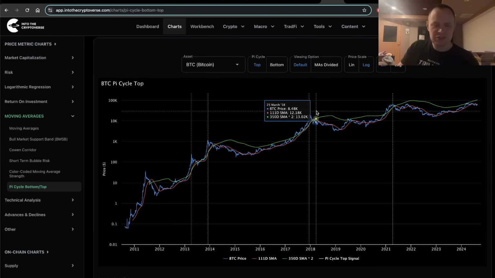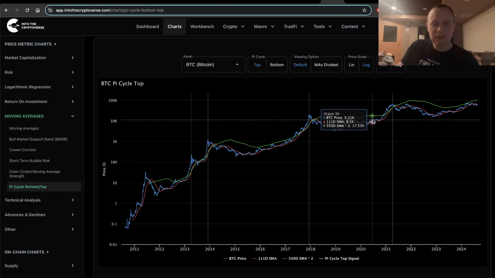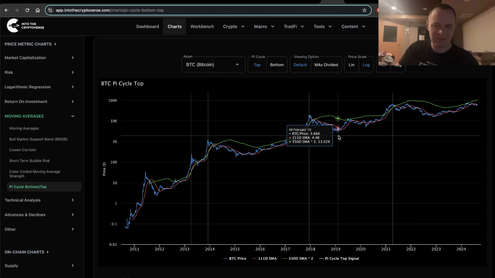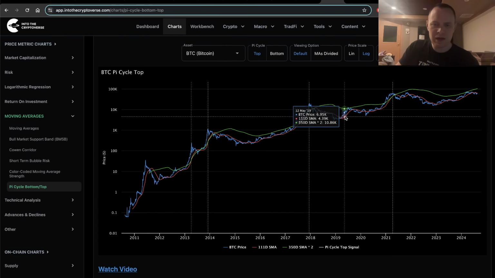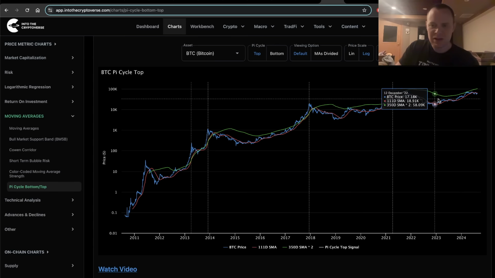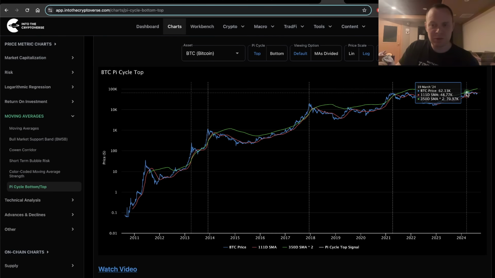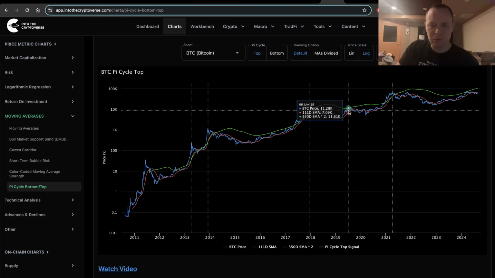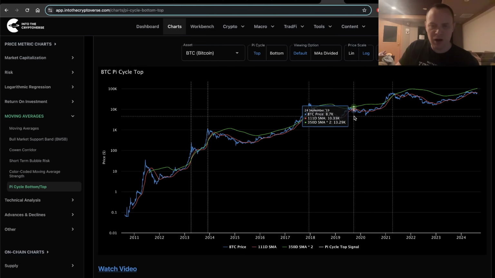So, to start off, in 2019, there was a period going into rate cuts where Bitcoin kind of got ahead of itself, right? It actually went above 2 times the 350-day SMA, just like it did here in 2024. Shortly after, it pulled back to below the 111-day moving average.